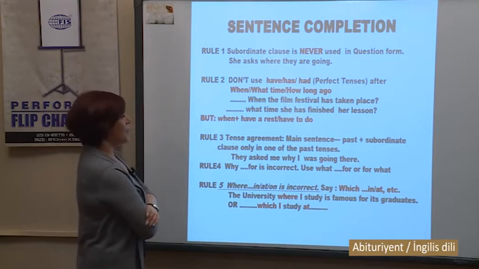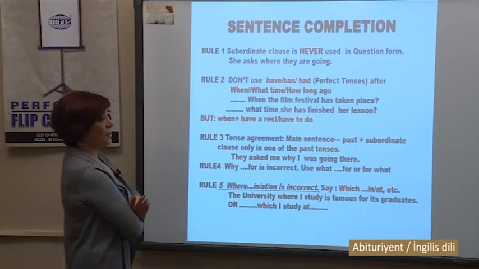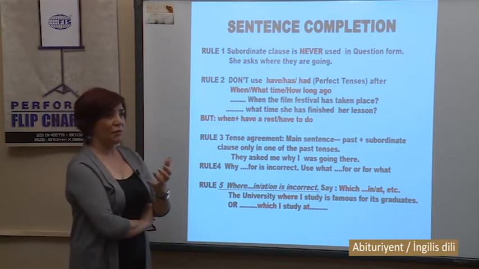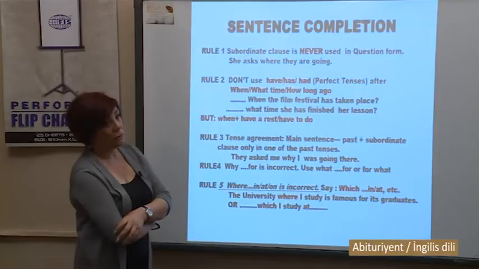Never use the perfect there, even if our main sentence is in the perfect. When we change direct into indirect speech, and we have to use when, we immediately change the perfect tense form to past tense form.